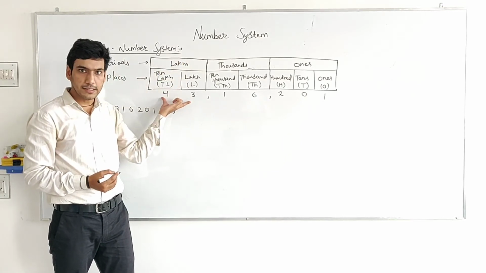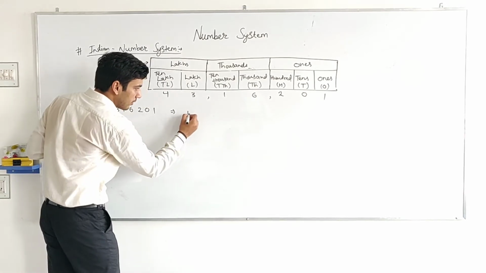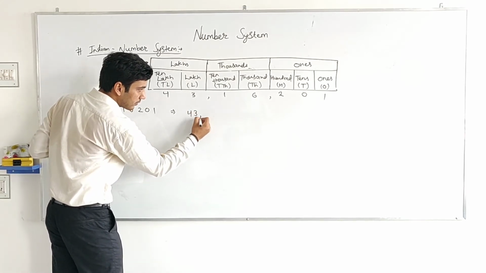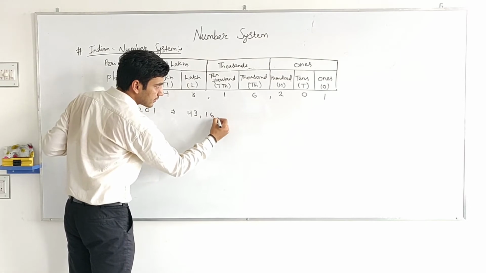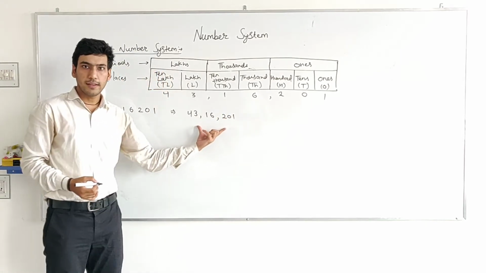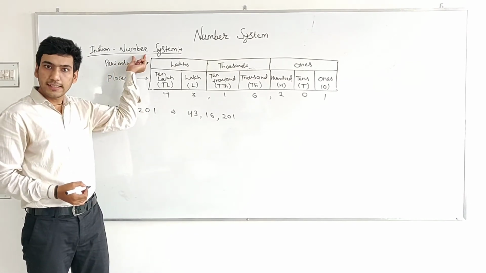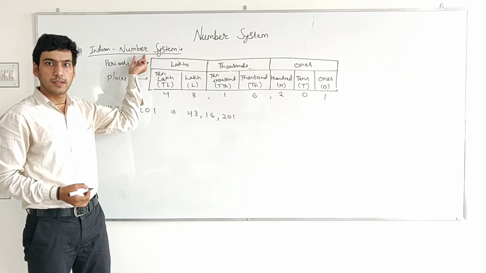So how can we write this number using commas? 43,16,201. In this way we can write any number according to Indian number system using commas.